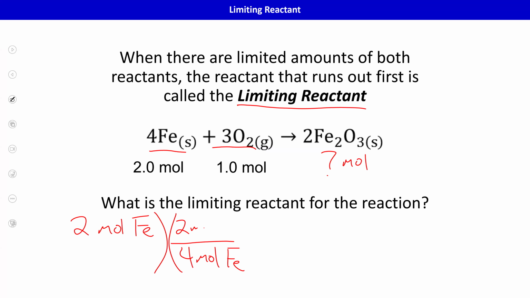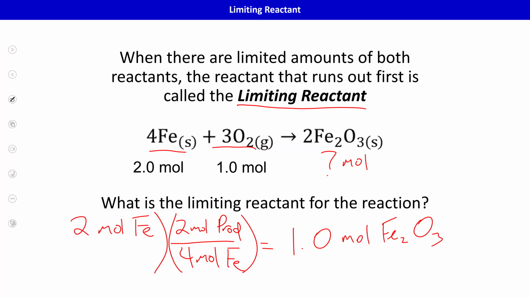That's 2 moles product. So we're just going to get 1 mole of Fe2O3, of iron 3 oxide. Everybody with me?